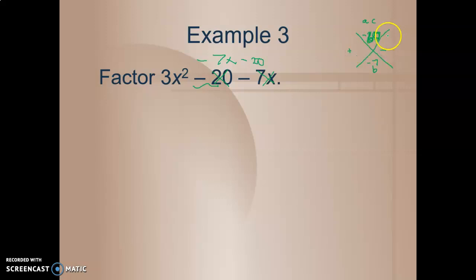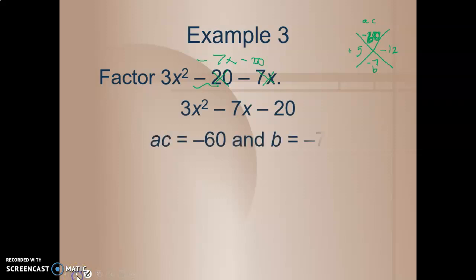So what are some factors of negative 60 that when added equal negative 7? Our bigger factor is going to have to go over here. Well, right off the bat, I think of negative 12 and positive 5. Negative 12 times positive 5 is negative 60, and negative 12 plus 5 is negative 7. So let's go ahead and split our middle term and rewrite that negative 7x as negative 12x and positive 5x.